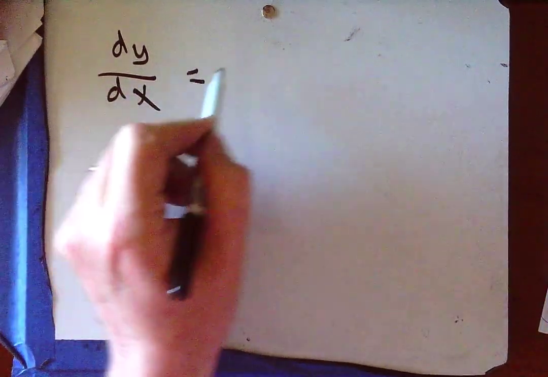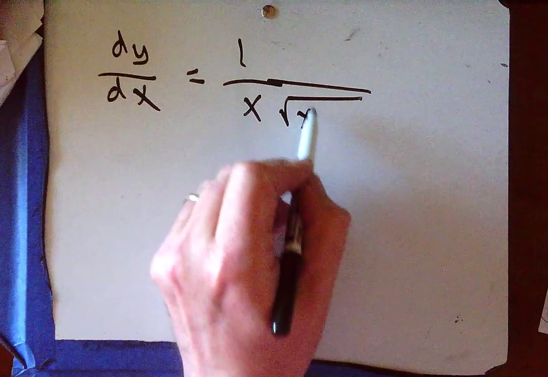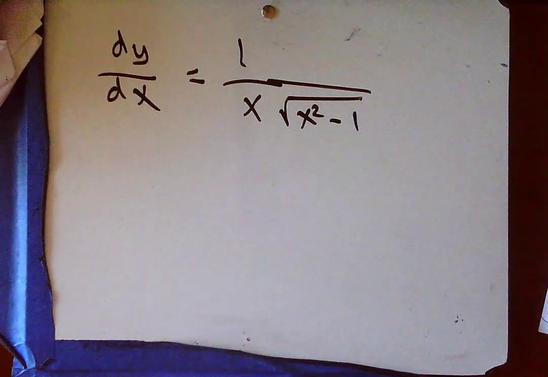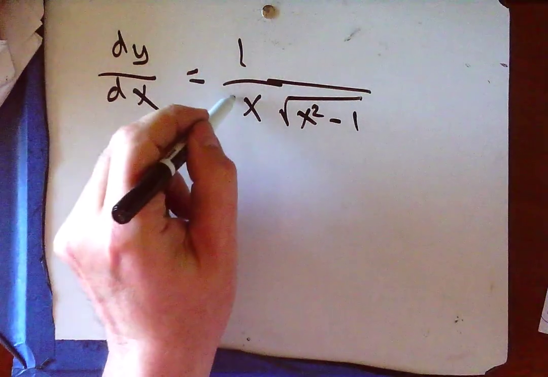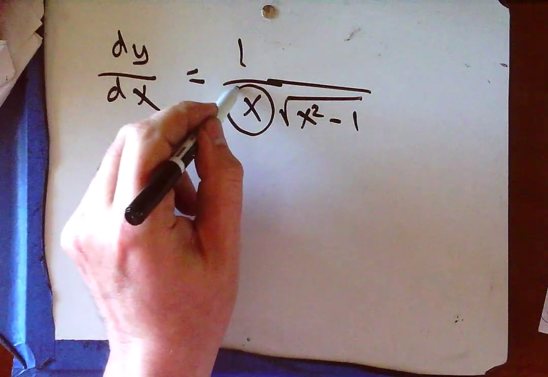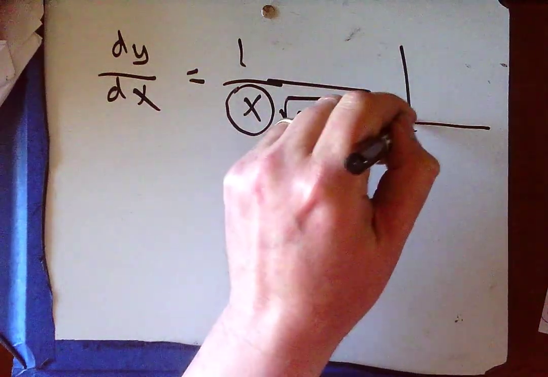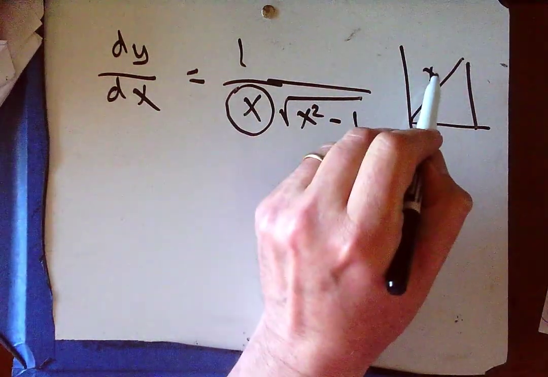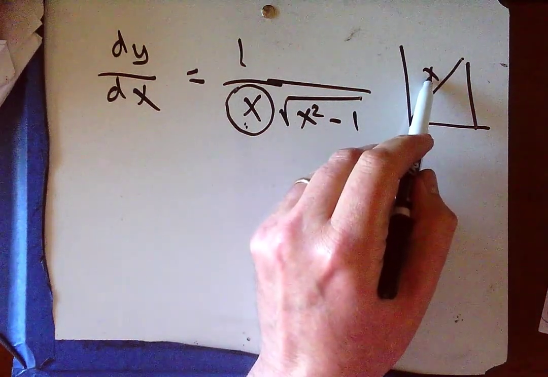So what we just saw was 1 over x square root x squared minus 1. Except there's a problem, because in that last picture, that x that this is, can the hypotenuse ever be negative?